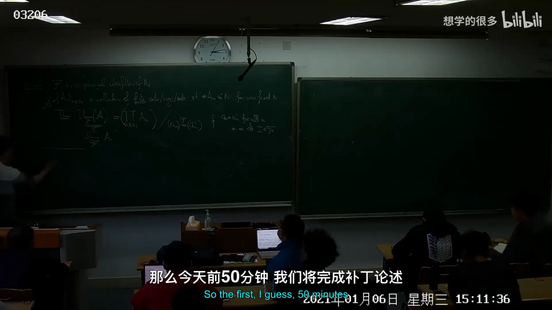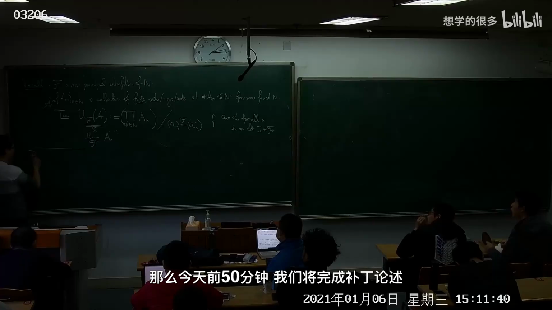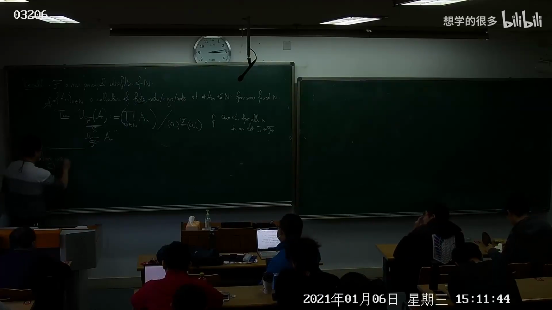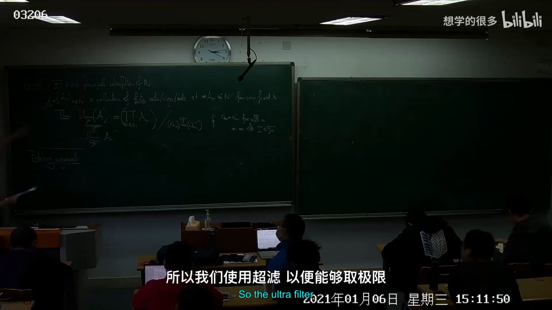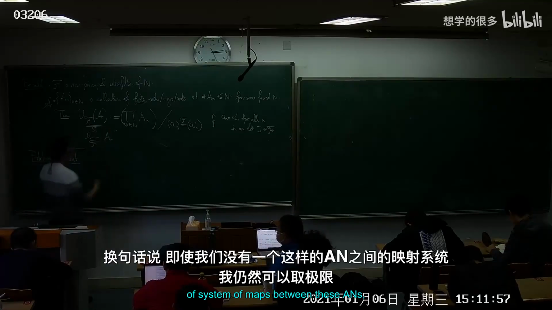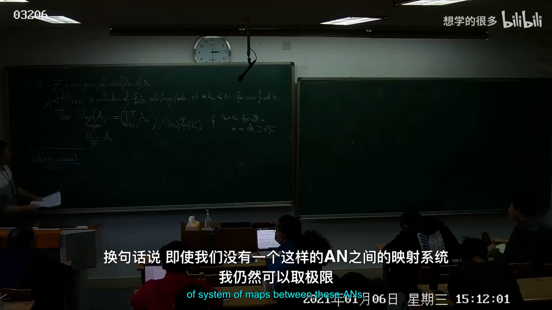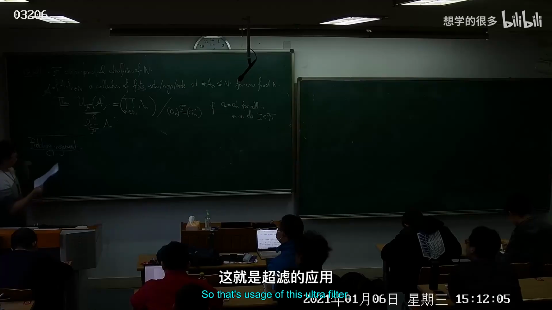So the first, I guess, 15 minutes of today, we'll finish the patching argument. The ultrafilter is used so that we can take a limit, in the sense that even if we don't have a system of maps between these a_n, I can still take a limit. So that's the usage of this ultrafilter.